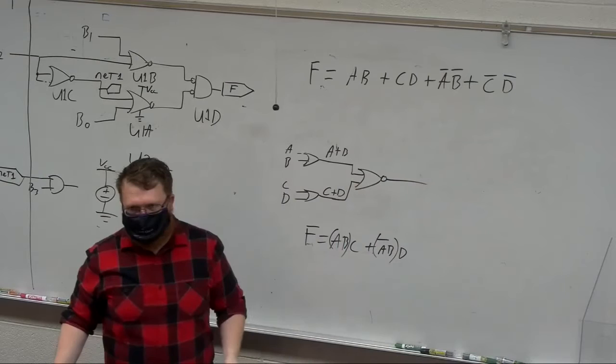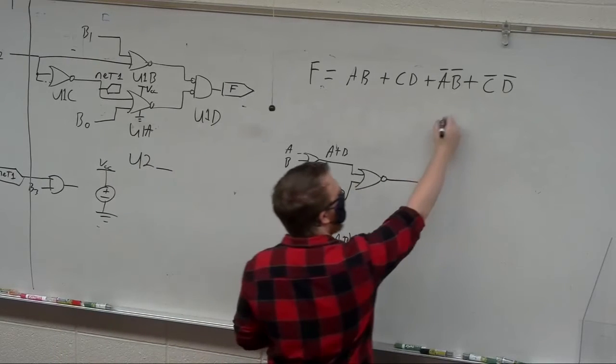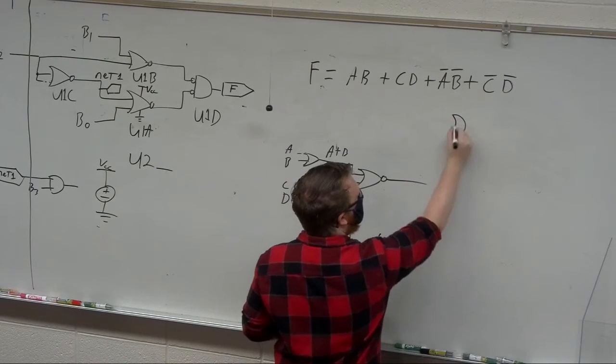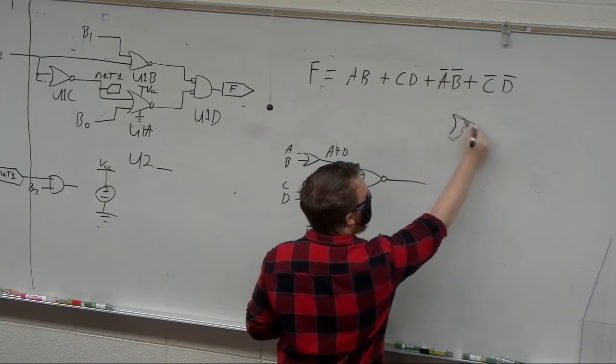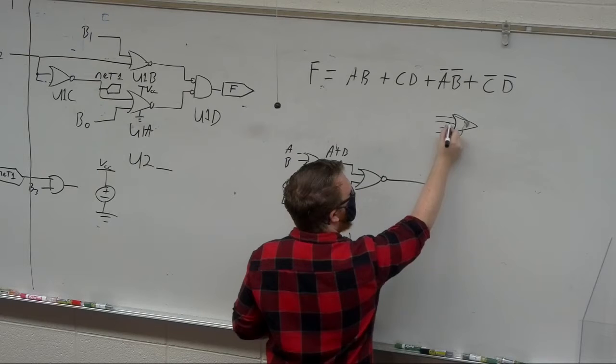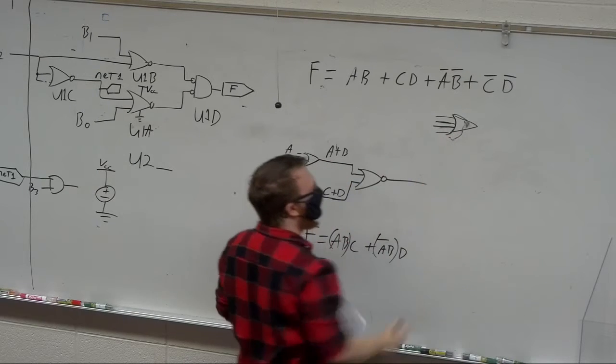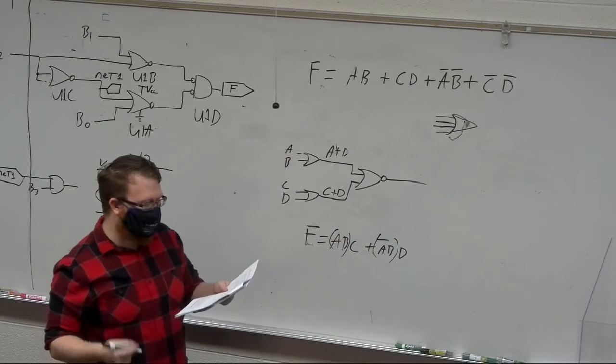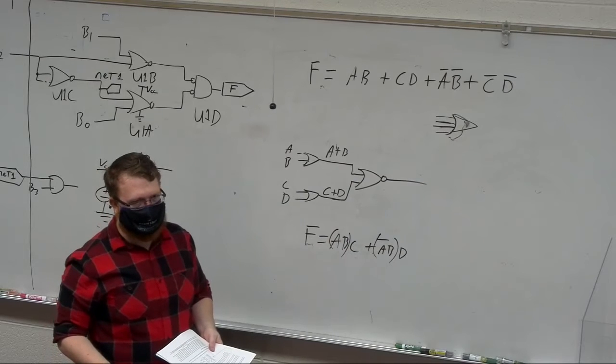But there's a problem with that because I now have a 4 input OR gate, right? And what if I only have 2 input NOR gates?